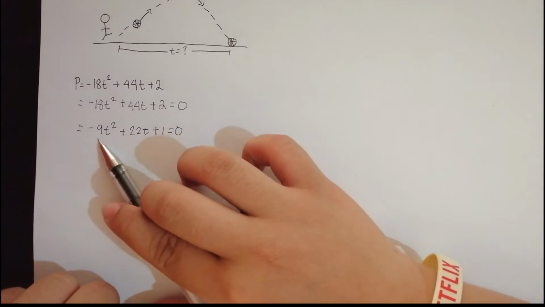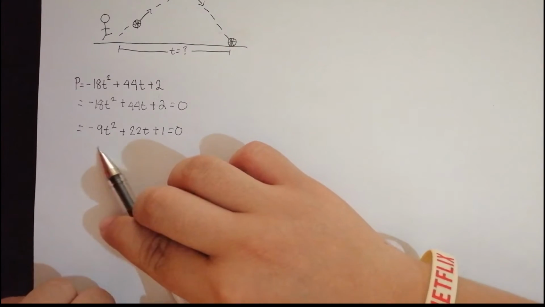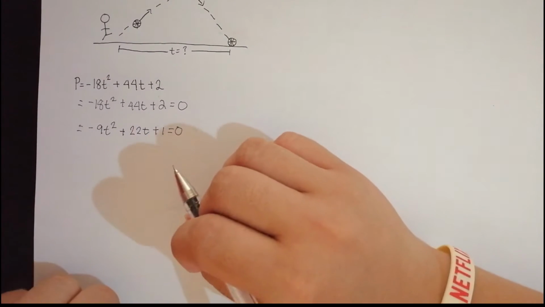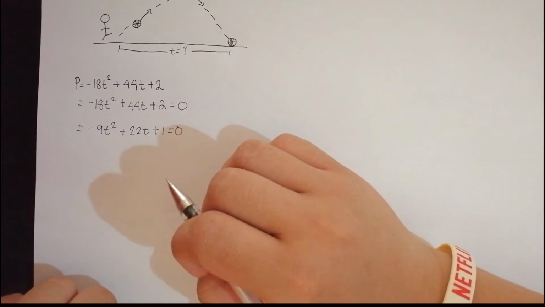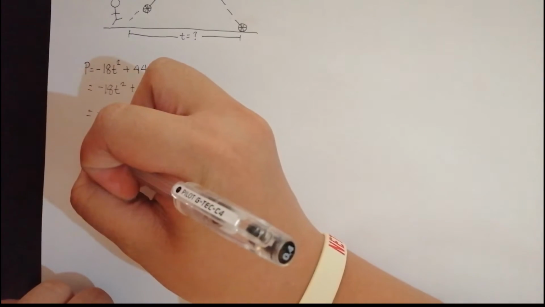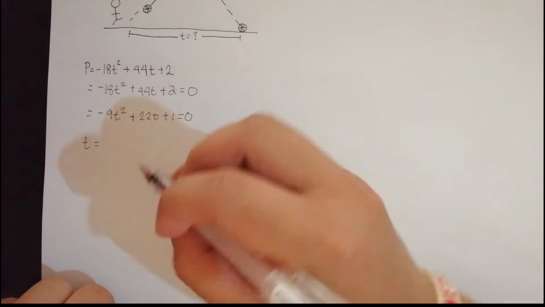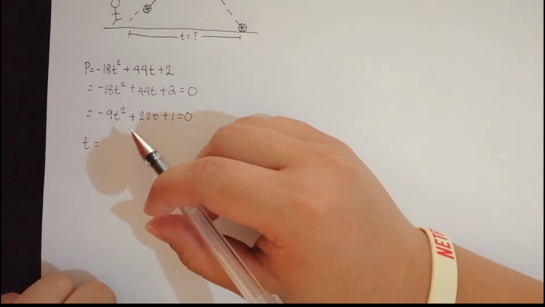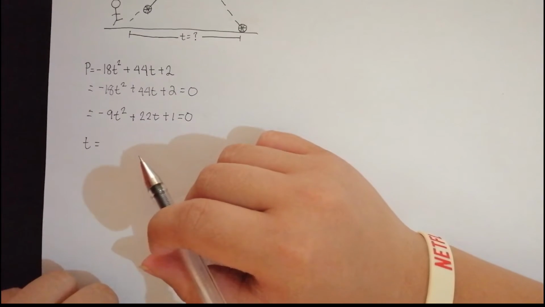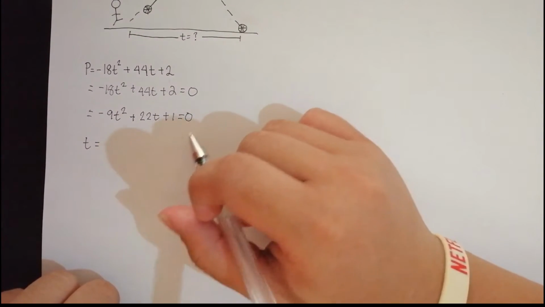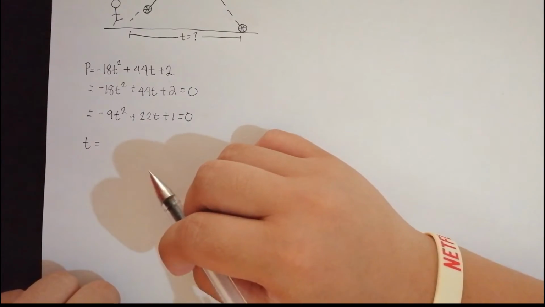Now we all know this cannot be factored, so we will have to use the quadratic formula, the old quadratic formula. So t is equal to negative b plus or minus the square root of b squared minus 4ac, all over 2a.